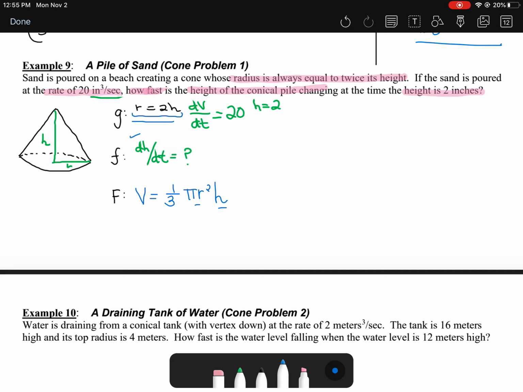I'm trying to find dh/dt, so what I'm going to do is write this equation in terms of h. So for r, I'm going to plug in 2h. So then that ends up giving me 4/3 pi h cubed.